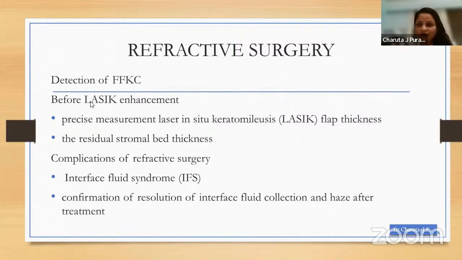Sometimes cases are operated outside or referred, so the OCT gives us that advantage, and for predicting the residual stromal bed thickness after an enhancement procedure. Other applications include diagnosis of interface fluid syndrome and confirmation of resolution of the fluid.